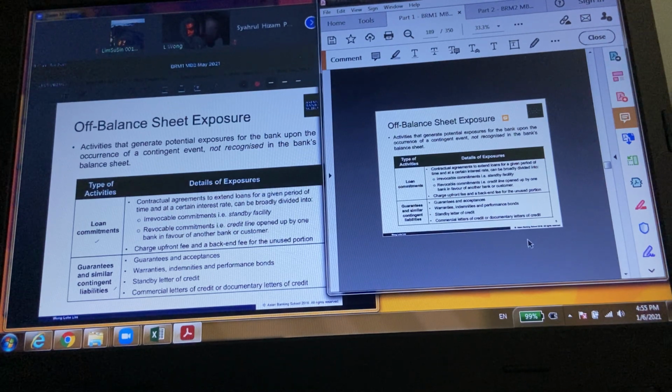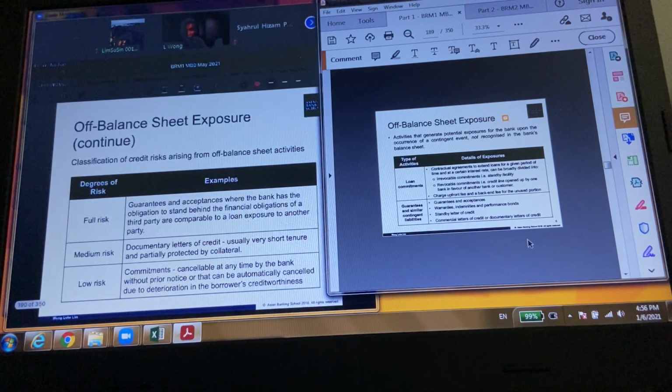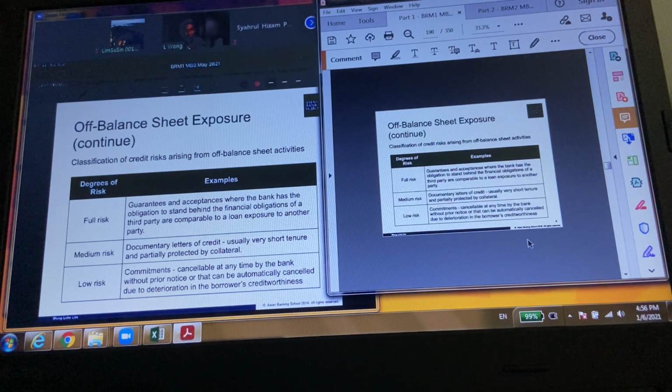So one of the things we need to look at is the degree of risk. We have to use our experience or some kind of policies to determine how much exposure we need to provide for.